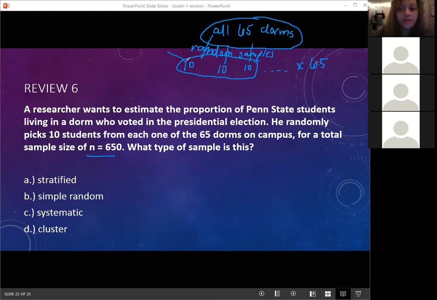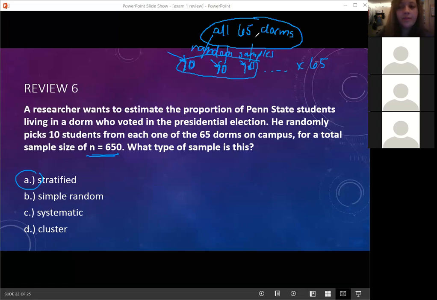So each of these samples is representing a strata. Since these are already randomized, and because they selected 10 from each dorm, we can use all of them as our final sample. So this is going to end up being stratified, because each of those samples of 10 are already random, so they can go ahead and add them all together for a sample size of 650 for our ending sample.